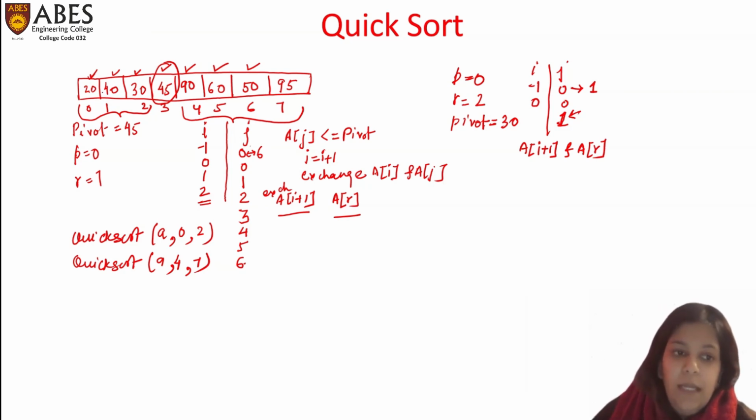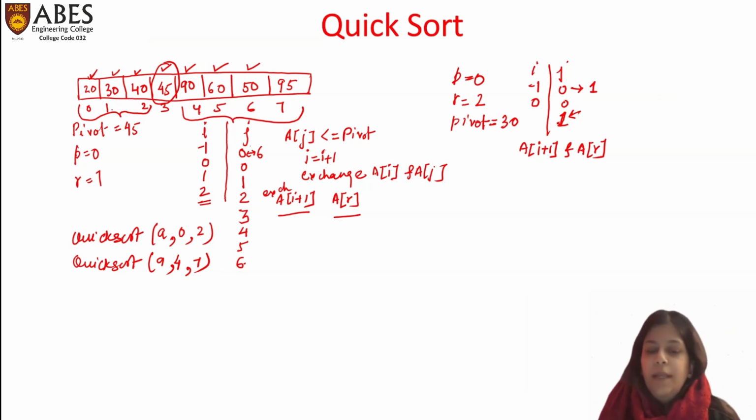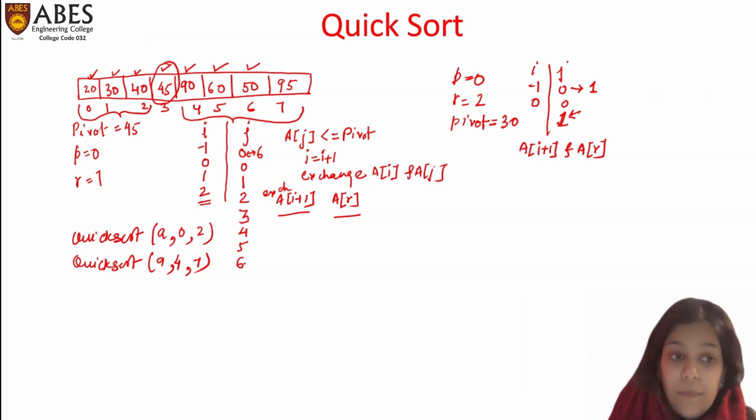Now you can see that this 40 will be swapped with this 30. So this will become 30 and this will become 40. Right? So in this way, this 30 has got its appropriate position.